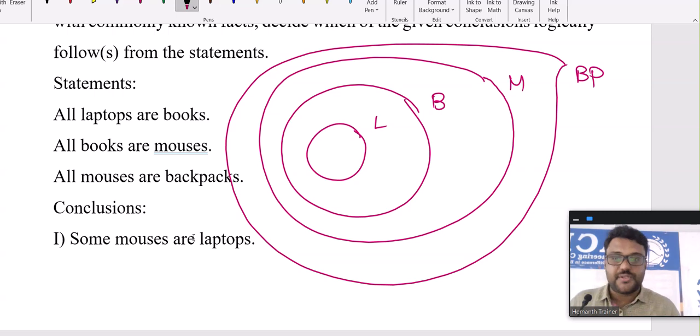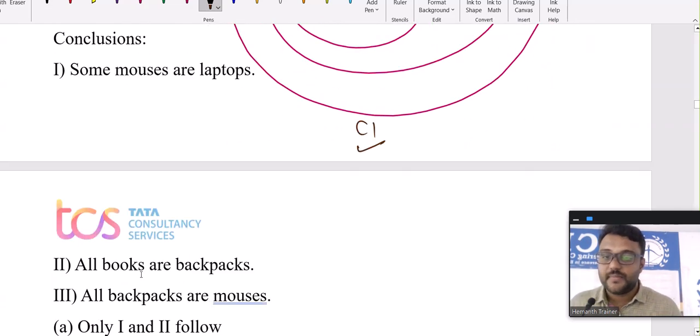Now, first conclusion, some mouses are laptops. Is it true or false? As per this diagram, true only. Because in this big mouse area, some part is occupied by laptops. So among mouses, laptops is there. So first conclusion, true. What about the second conclusion?